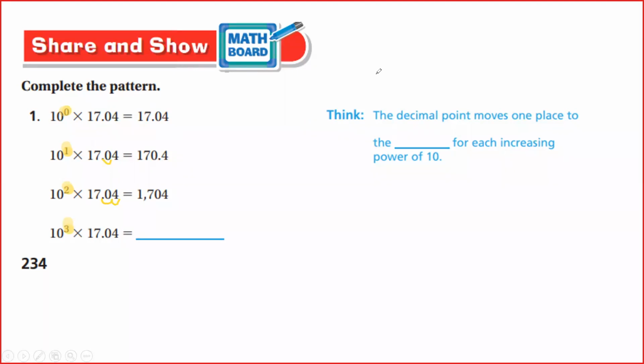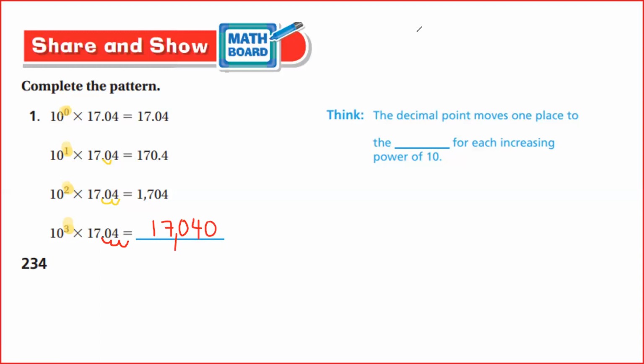3 digits. Are you Muna? Yes, Muna. Here, how many digits are you going to move the decimal point? 3 digits. 1, 2, and 3. So what will the number be? 1, 7, 0, 0, 4. Bravo.